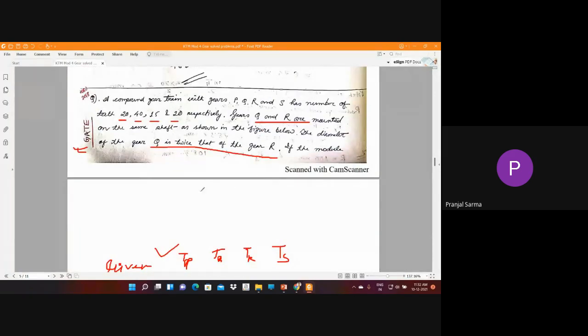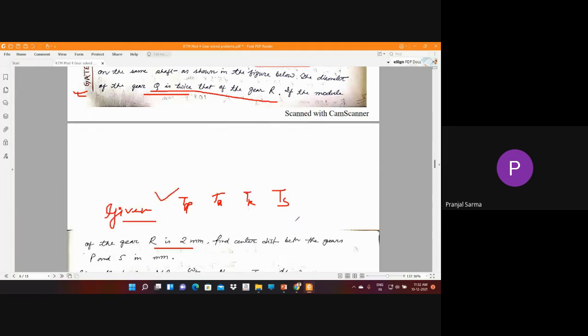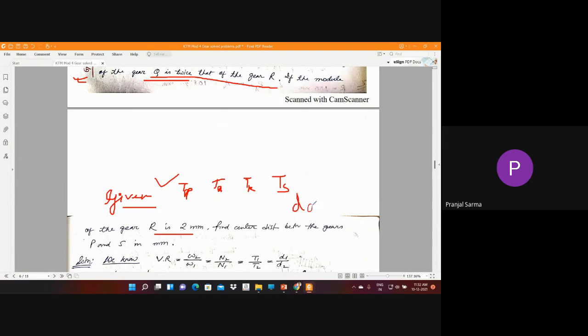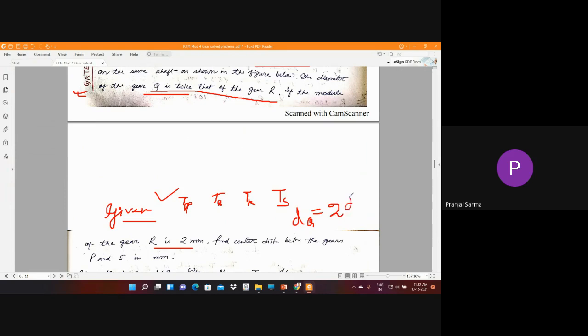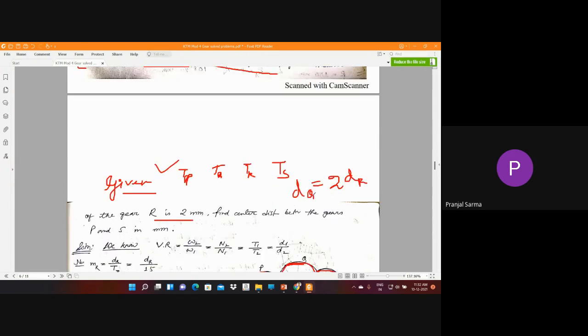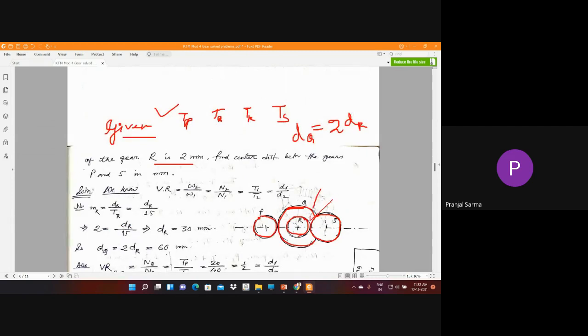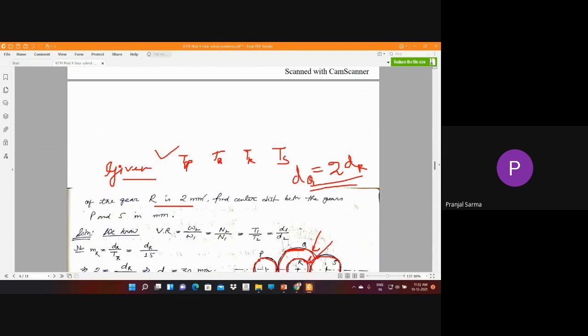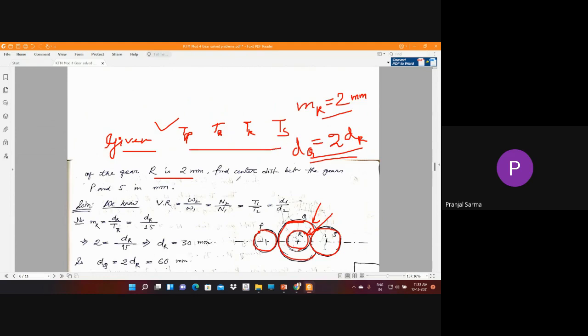And the diameter of Q is twice that of gear R, so d of Q is twice that of d of R. The module is given for gear R, that is 2 mm. So these are all given data. You just write them down first.